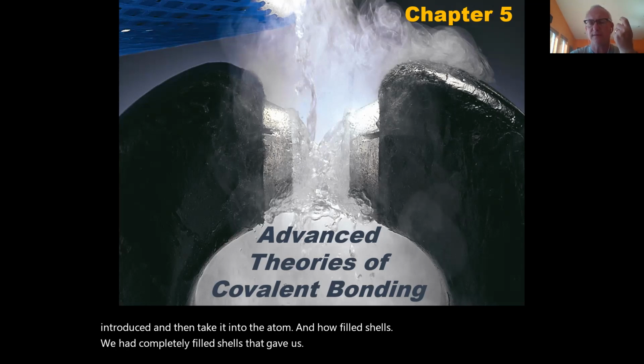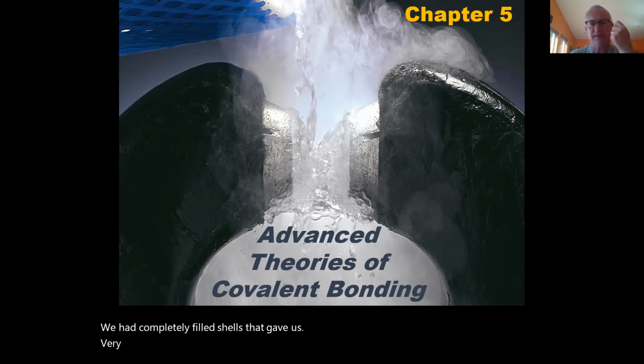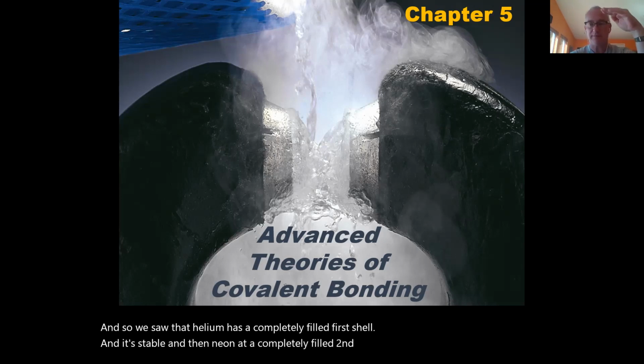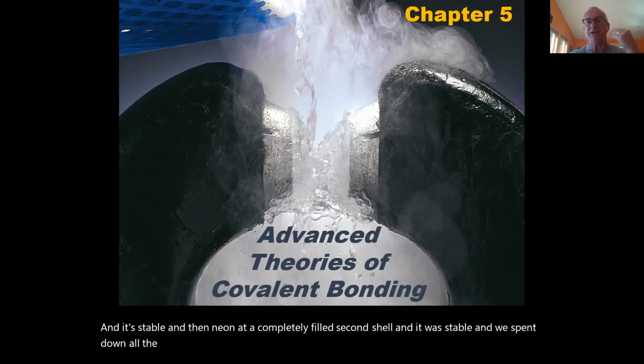very stable atoms. The most stable atoms are the noble gases. We saw that helium has a completely filled first shell, and it's stable. Neon had a completely filled second shell, and it was stable. We went all the way down the line. Each time a new shell was filled, chemical stability was brought about.